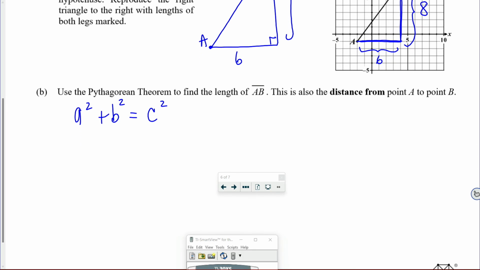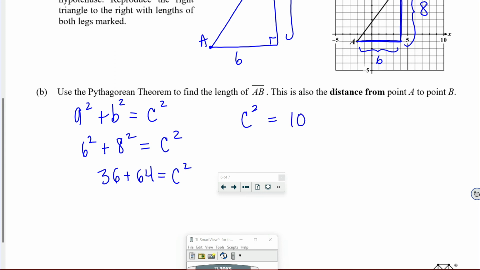We're going to have 6 squared plus 8 squared is equal to C squared. 36 plus 64 is equal to C squared. 36 plus 64 is 100. So now I'll take the square root of both sides, and C, which is the length of AB, is equal to 10.